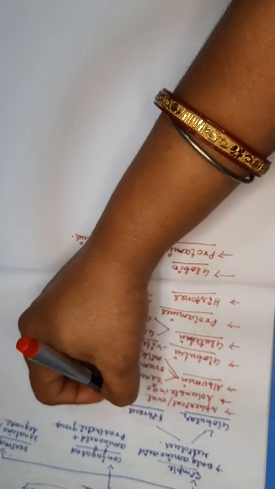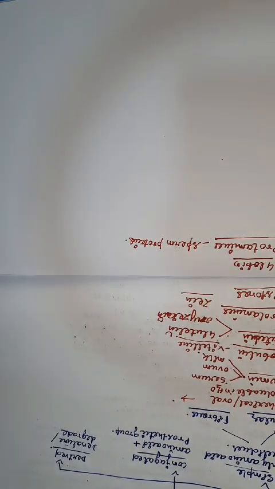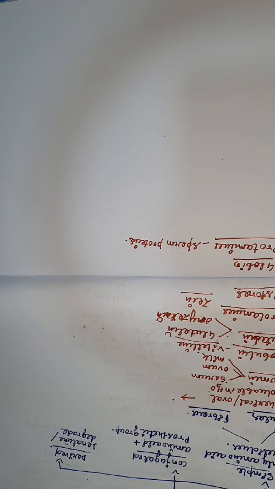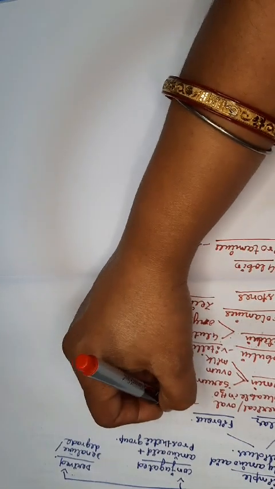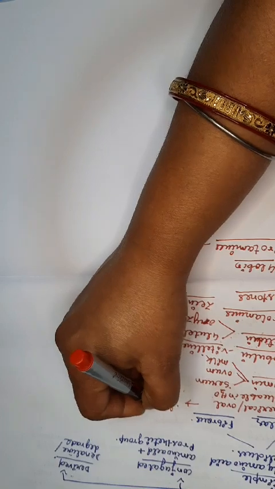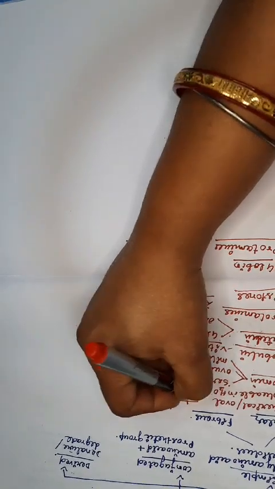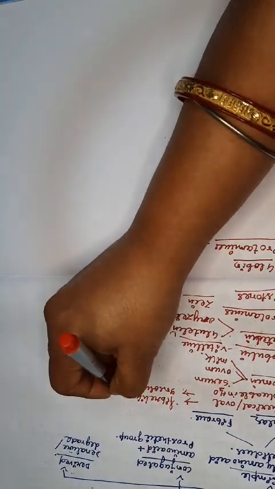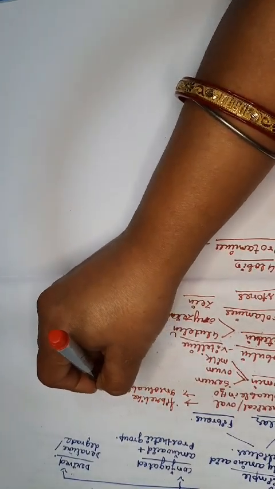Now let us come to the category of fibrous proteins. Fibrous proteins are fiber-like in shape, and they are insoluble in water.